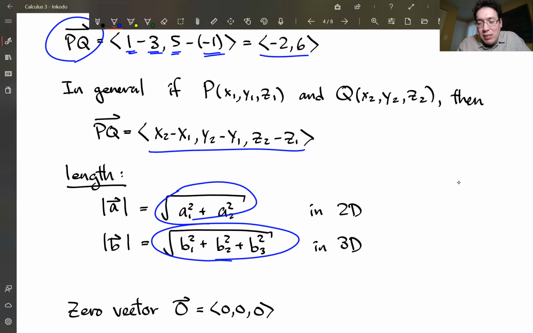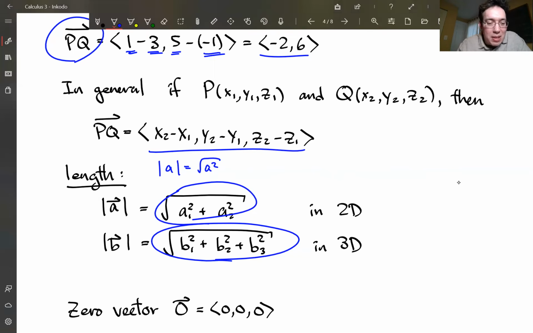And you might wonder, well, there's a pattern to this, right? If we're talking about a one-dimensional vector, that's the same thing as square rooting a square of a number, because you make it positive.